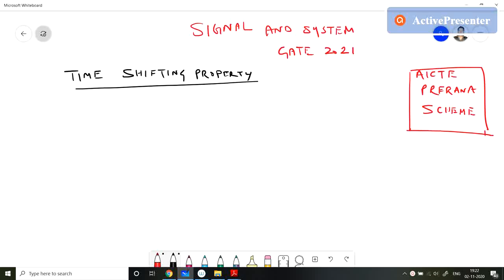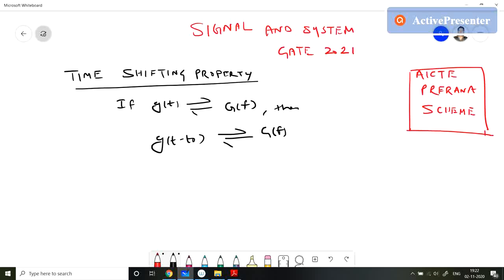According to this property, if g(t) has the Fourier transform G(f), then g(t minus t naught) has the Fourier transform G(f) times exponential minus j 2 pi f t naught.